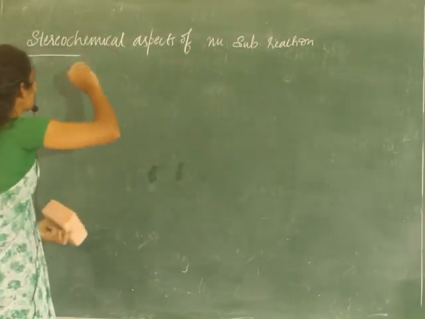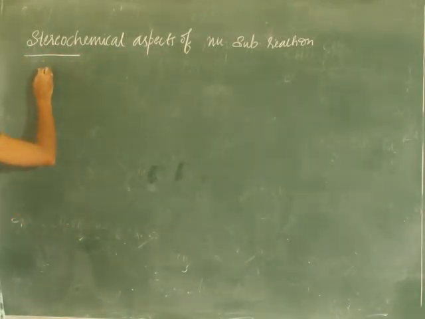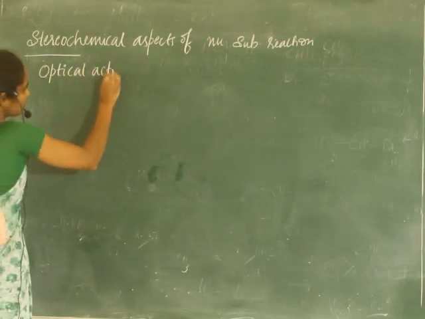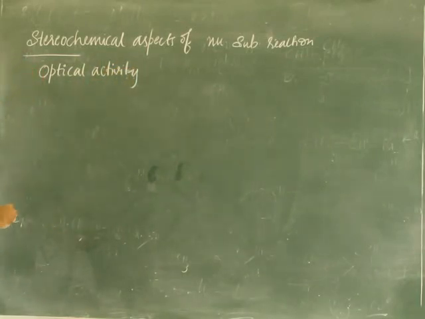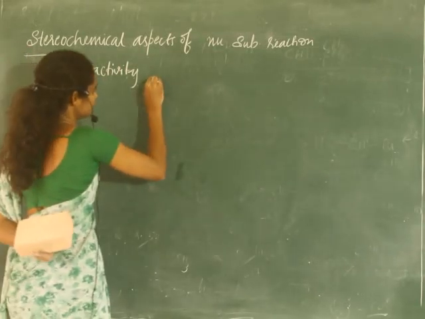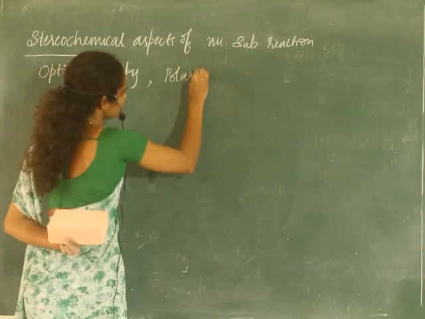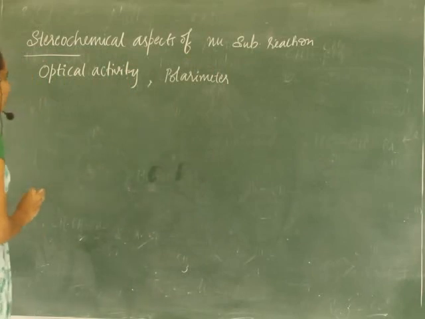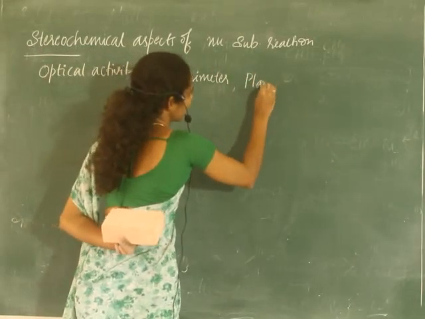Now, in stereochemical aspects, first we'll discuss a few terms: optical activity, polarimeter, and plane polarized light.